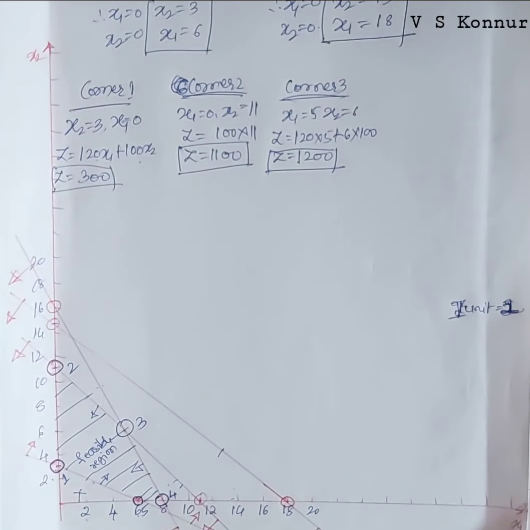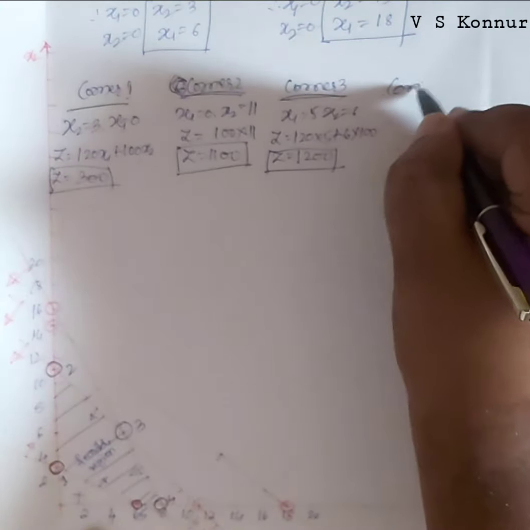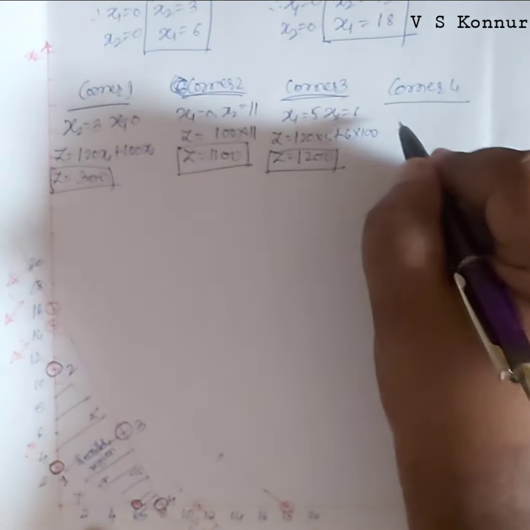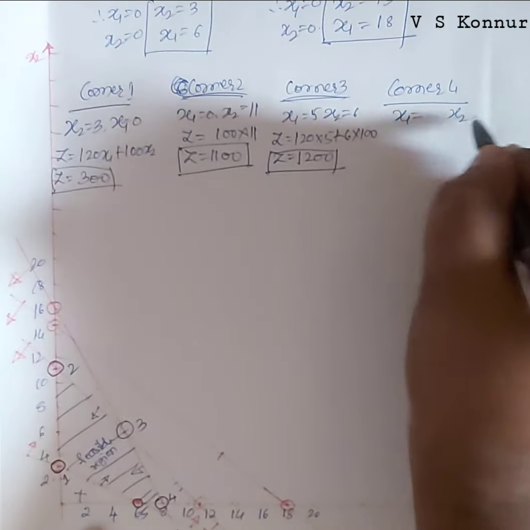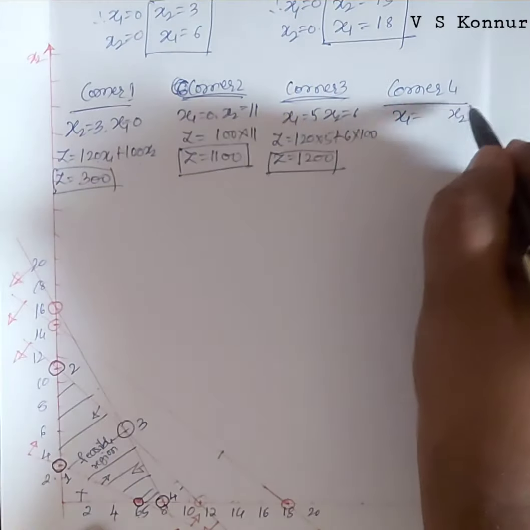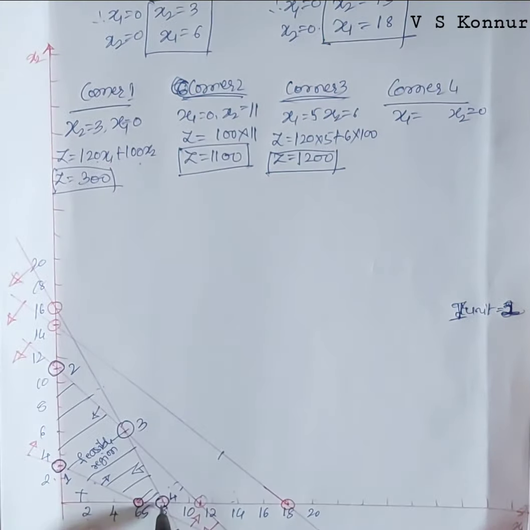Next, corner number 4. This is corner number 4. x2 is equal to 0, x1 is equal to 8.